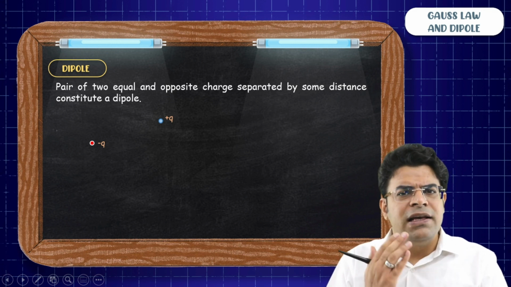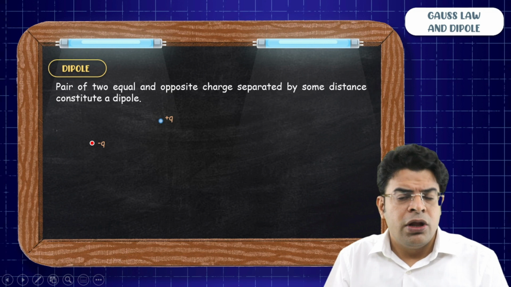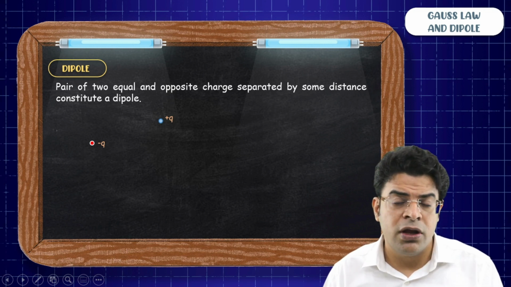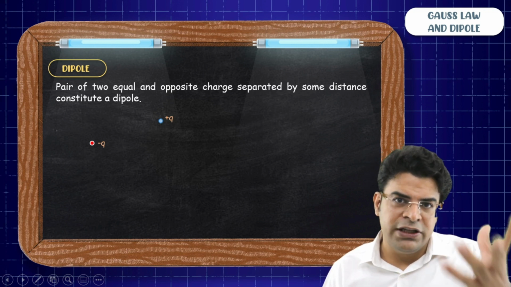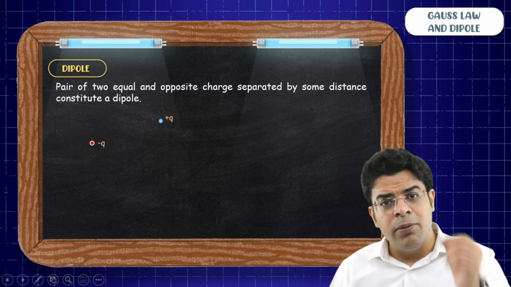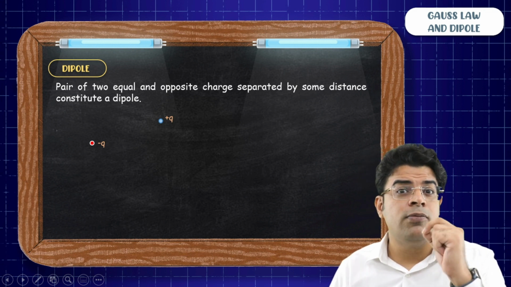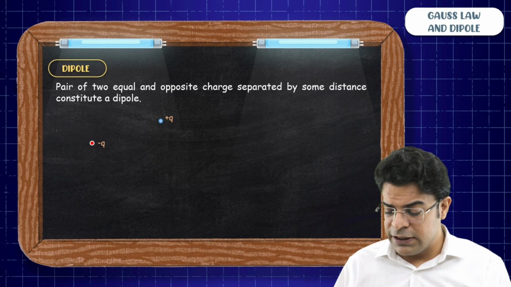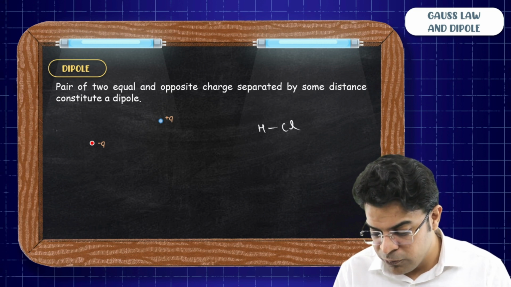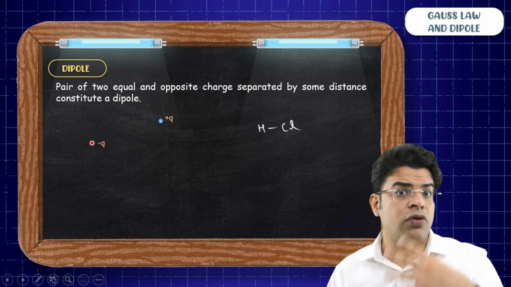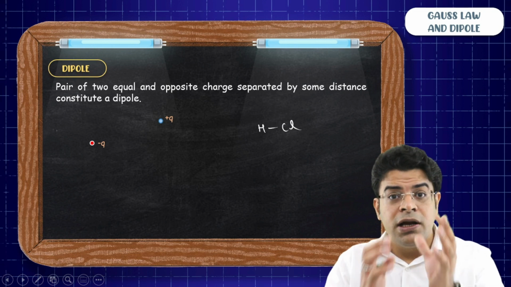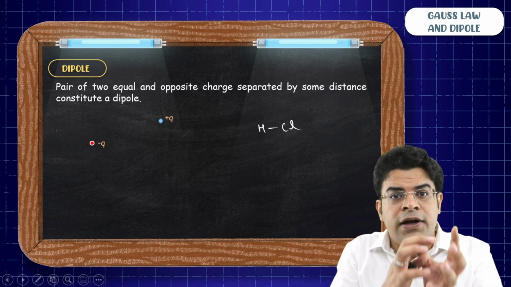But why is dipole so special? Because of two reasons. The first reason: in the real world, everything is made up of molecules, and molecules have some dipole moment associated with them. For example, in an HCl molecule, since chlorine is more electronegative than hydrogen, it pulls the electron cloud of hydrogen towards it.